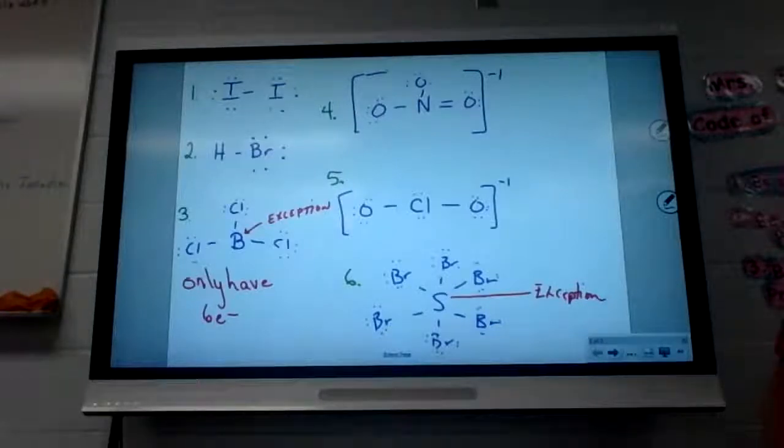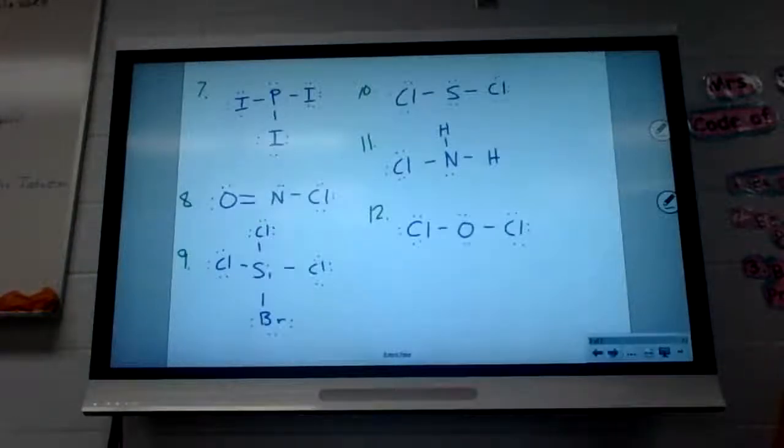HBr, 2.1 minus 2 point something, and it should be polar. All right, 3, nonpolar. 4, nonpolar. 5, polar. 6, nonpolar. 7, polar. 8, polar. 9.